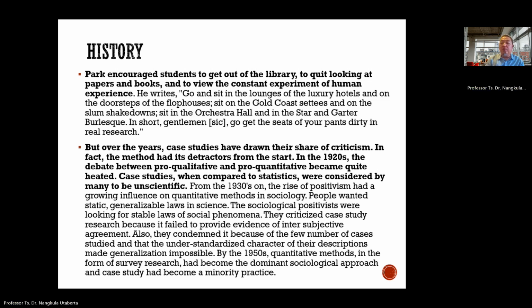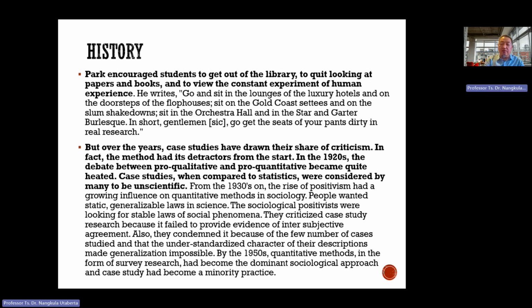But over the years, after it started in the 1920s, the case study was heavily criticized by the people who use quantitative research methods, because the sample was relatively small, so it is very difficult to generalize to a bigger scope. Most quantitative researchers believed that case study is not scientific enough to be called part of the research.